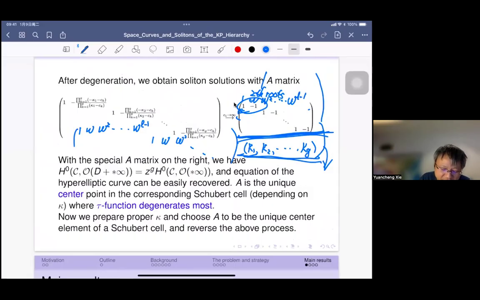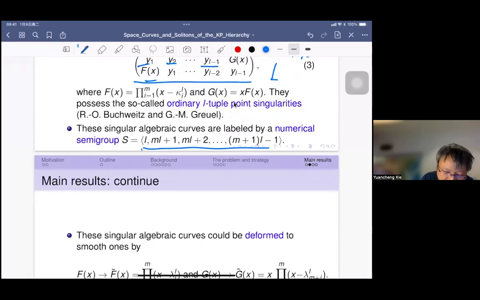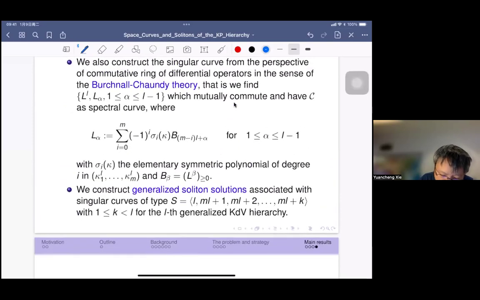And we actually can do a little better, because these curves are labeled by some numerical semigroup, so we can generalize this to all the ones that are parameterized by a numerical semigroup. But even here, we have a problem that we couldn't solve. We can construct a singular algebraic curve, but we don't know how to do a deformation of this algebraic curve to make it smooth.